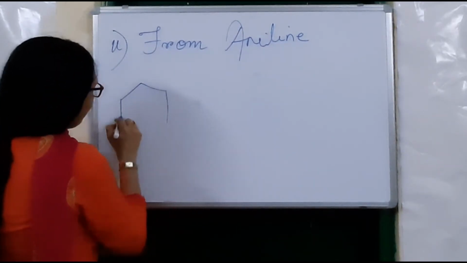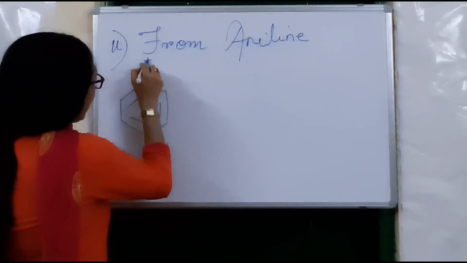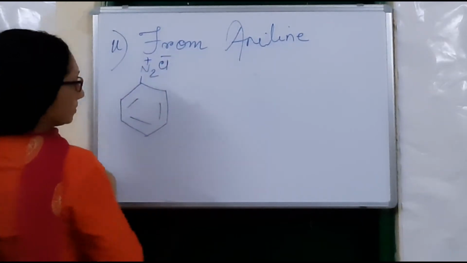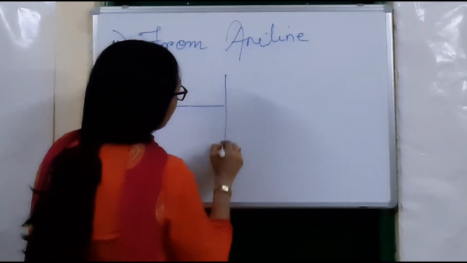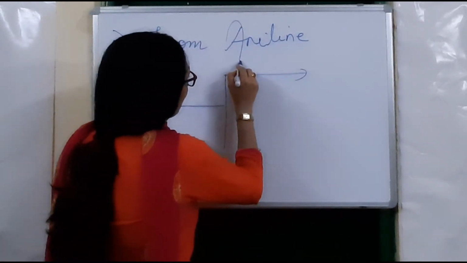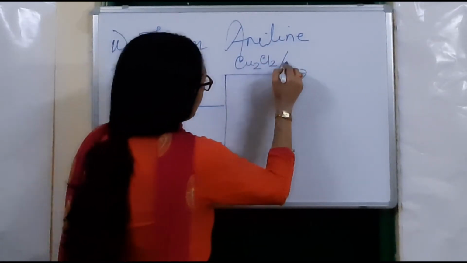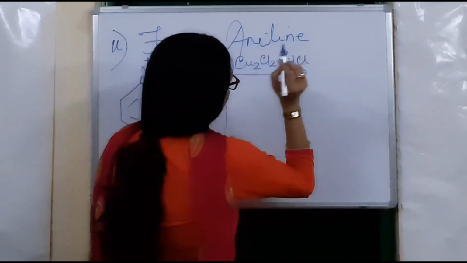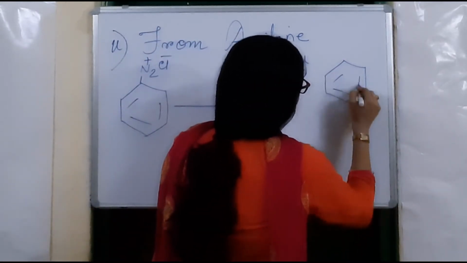So now we have with us benzene diazonium chloride. Now if I treat this benzene diazonium chloride with cuprous chloride in the presence of HCl, we will get chlorobenzene.